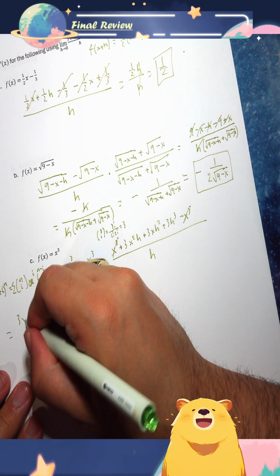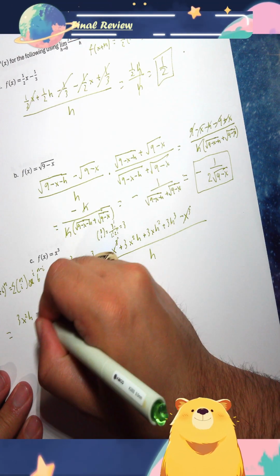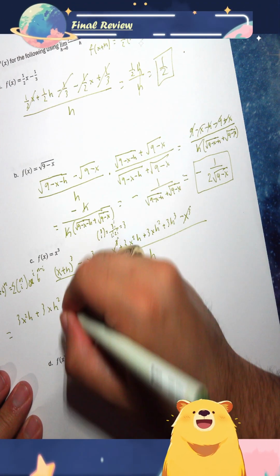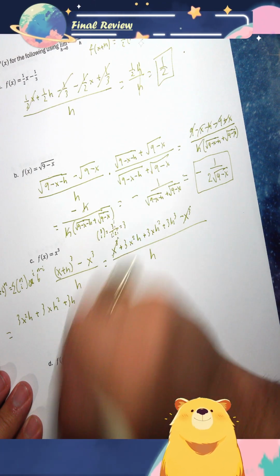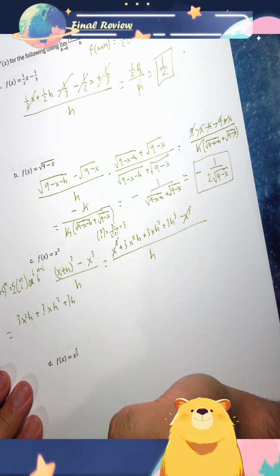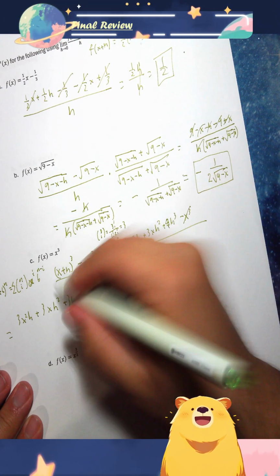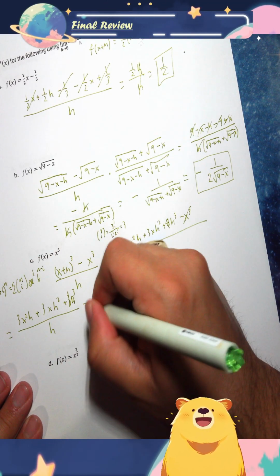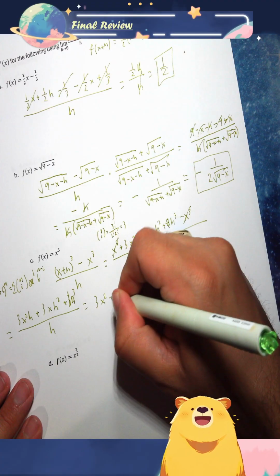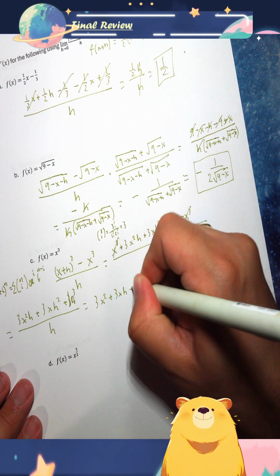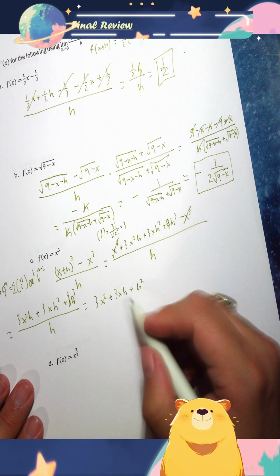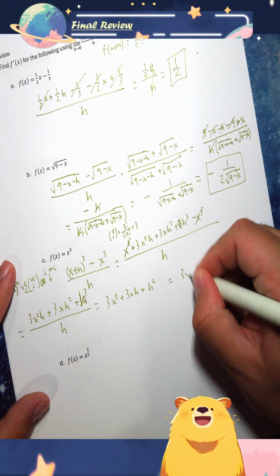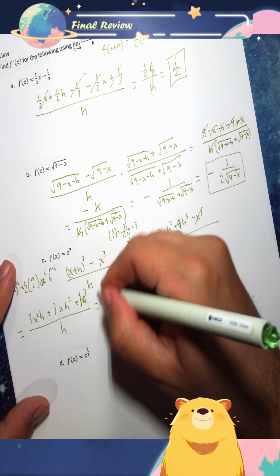And you're left with 3x squared h plus 3x h squared plus h cubed over h, wait, no, that 3 is not supposed to be here, excuse me. Then you can divide out the h, you'll get 3x squared plus 3xh plus h squared. And then you'll take the limit at that point, set h equals 0, and you'll just be left with 3x squared after you take the limit.